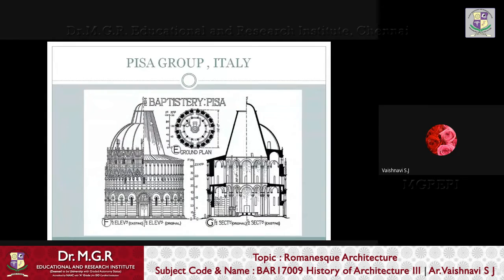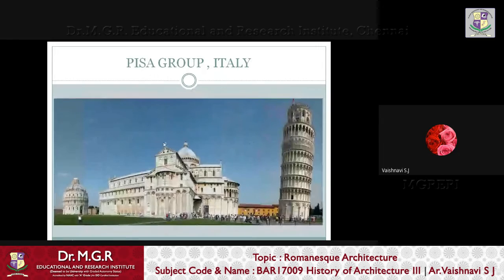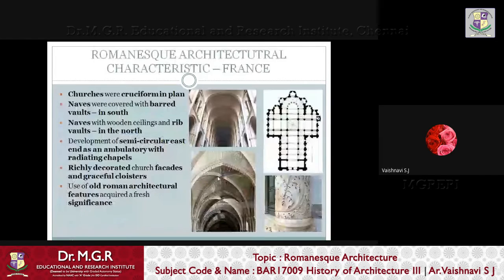Initially they had just a truncated cone and then they added the dome. And so this is the picture of Pisa Cathedral where we have this leaning tower and this cathedral here, and here we can find the baptistry at the last end.